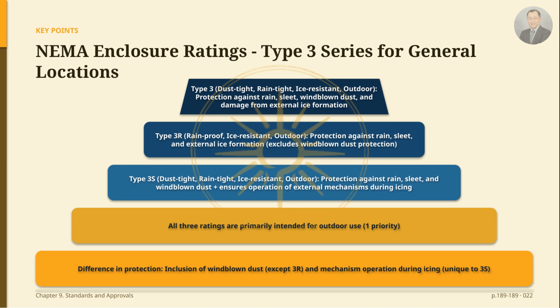Type 3S is characterized by being dust-tight and rain-tight, and it further ensures that external mechanisms operate normally even in icing conditions. All three ratings are primarily intended for outdoor use and are distinguished by whether they protect against wind-blown dust and whether they guarantee mechanism operation during icing.